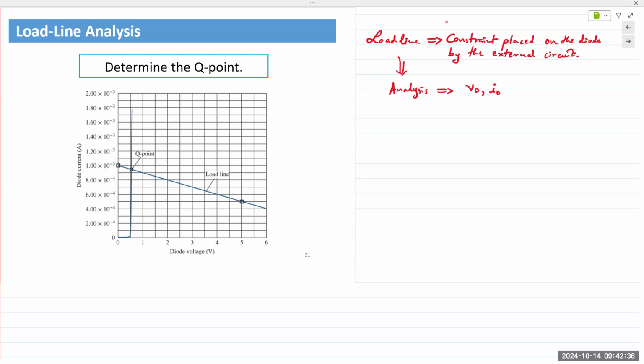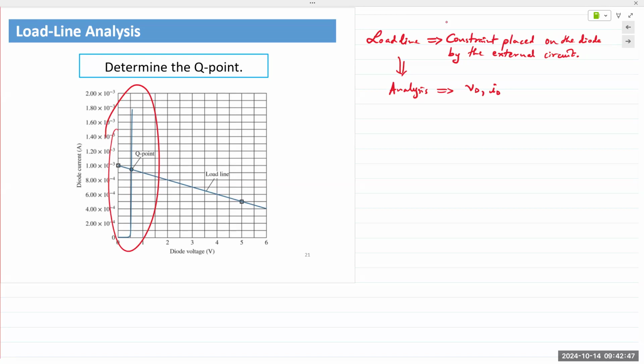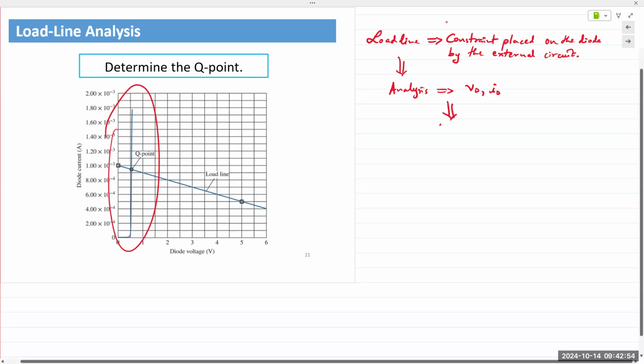One equation is our standard diode characteristic, which is already plotted here. The second is the KVL equation that we obtained from our circuit. So it requires two equations: the diode equation and the load line equation.